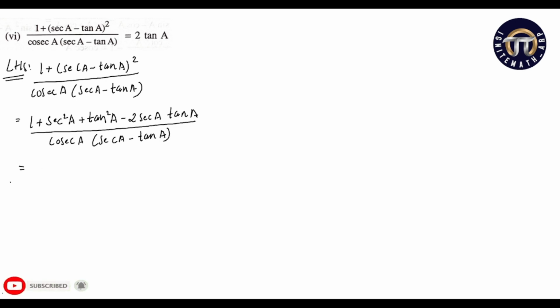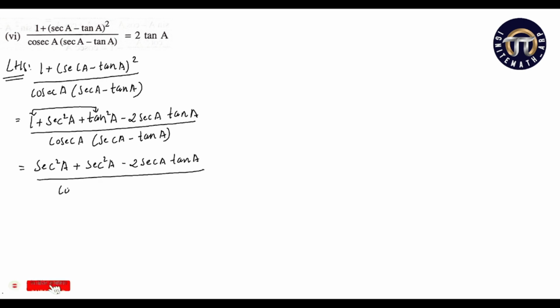Now here if you observe carefully, 1 plus tan square a can be written as secant square a, plus this secant square a I'm going to keep as it is, minus 2 sec a tan a. The denominator I'm going to retain as it is, cosec a, then sec a minus tan a.